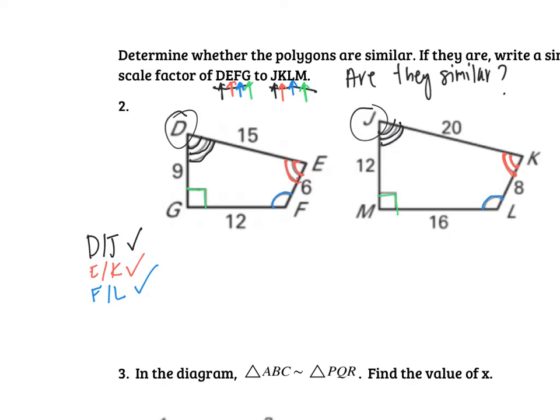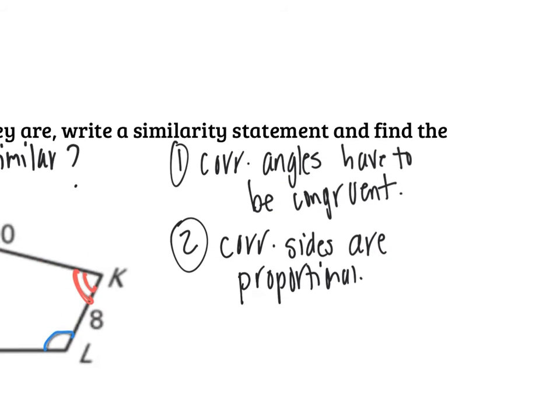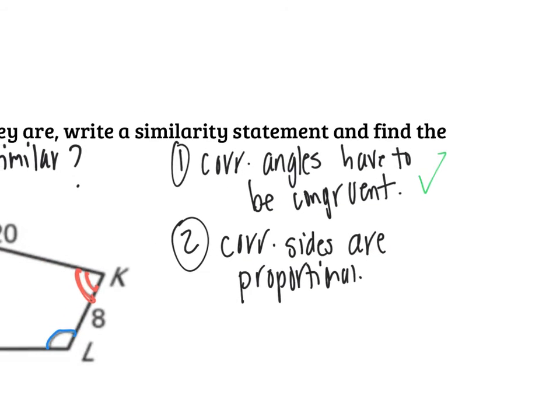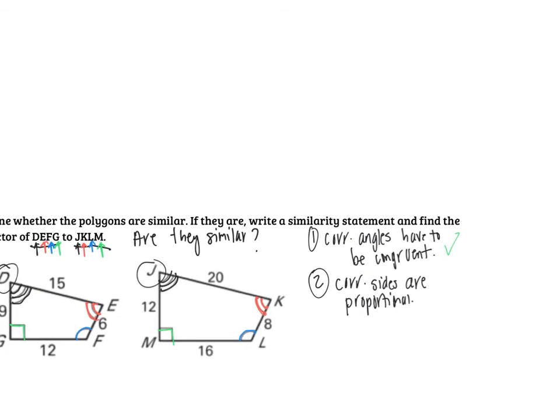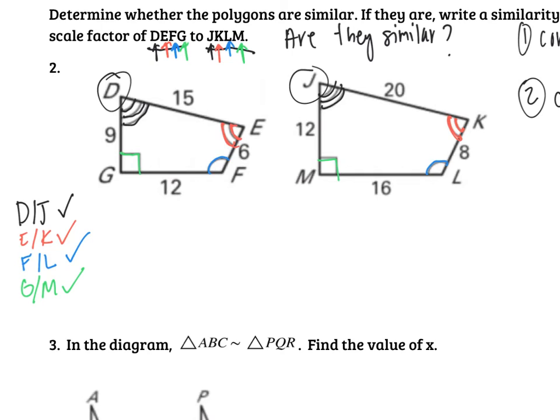And they're both right angles, so I know they're congruent. So G and M are good. All right, so what we just did was we made sure that the corresponding angles were all congruent.